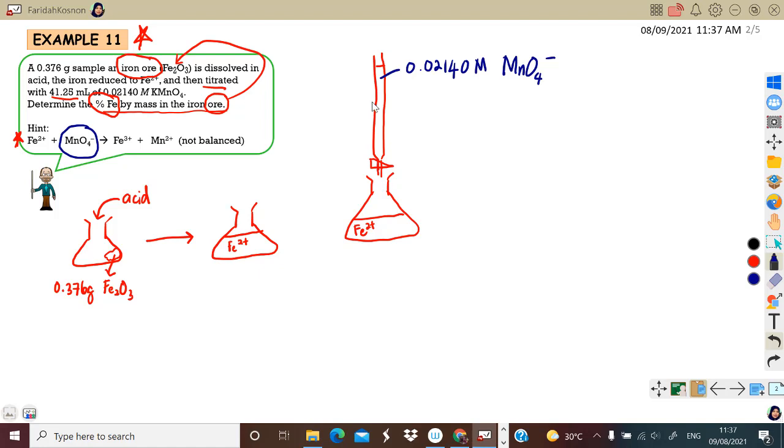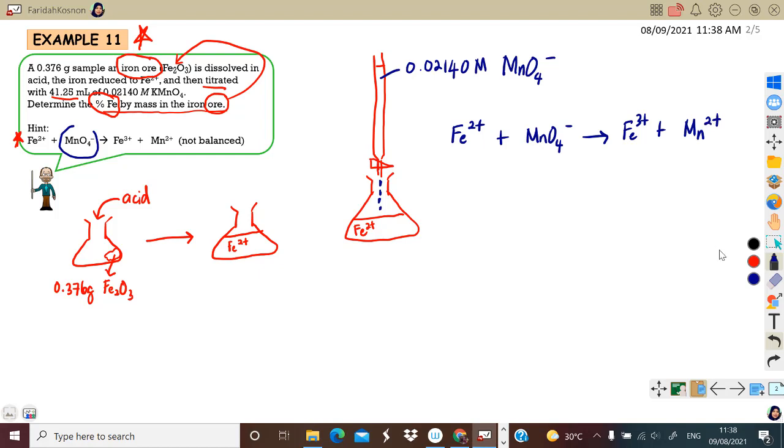Okay, so what happened? Okay, titration pun berlaku. Okay, dia buat titration. So what happened during the titration? Okay, if you refer to the unbalanced equation here, saya tulis semula, iron 2 plus reacts with permanganate ion, okay, and what happened? Iron 3 plus and manganese ions form.